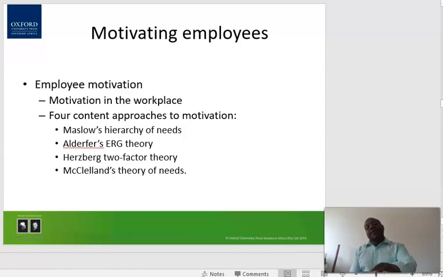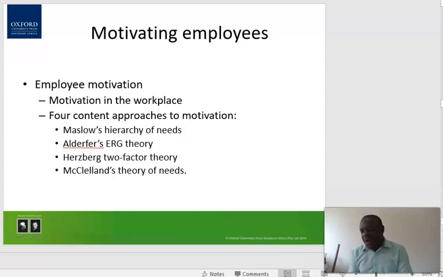In terms of Maslow's hierarchy of needs, which we covered in chapter 1, he also made certain assumptions that every person moves from one level of need to the other.